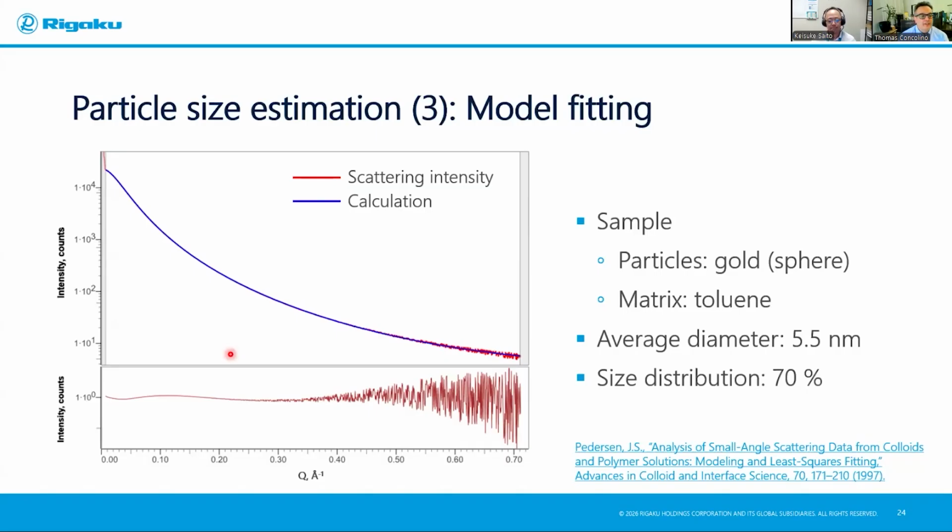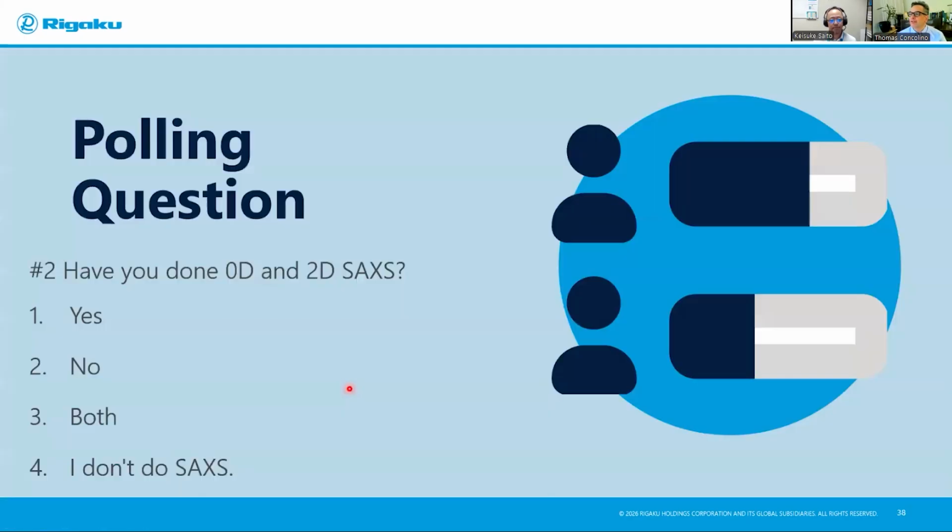Okay, very good. So we'll move on to the polling question next, Keisuke. If you want to scroll forward, I'll go ahead and launch it. So the second question is, have you done 0D or 2D SAXS? Again, this is 0D, 2D, both, or I don't.